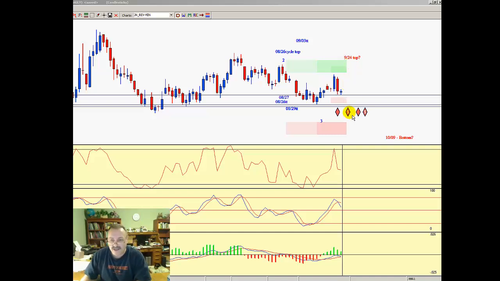Now you see that little red diamond with a dollar sign in it. In case you're wondering what that is, I've explained it in other videos, but I'll explain it here. I have calculated cycle turn dates from my special applications that I use to analyze the charts and to make these market turn forecasts.